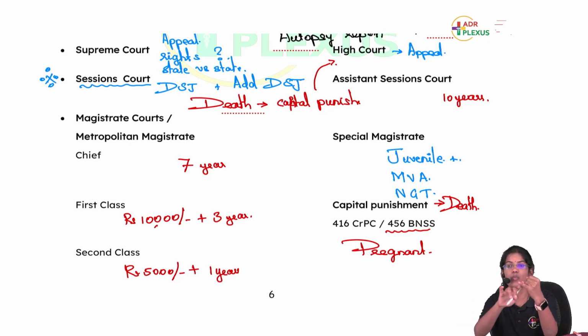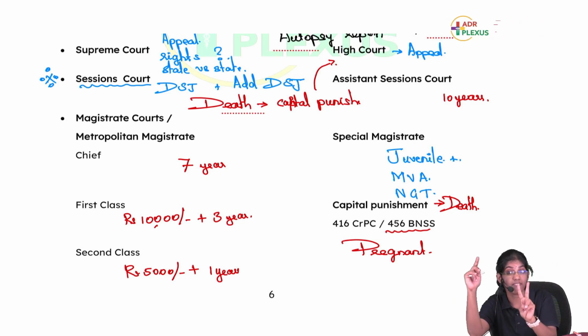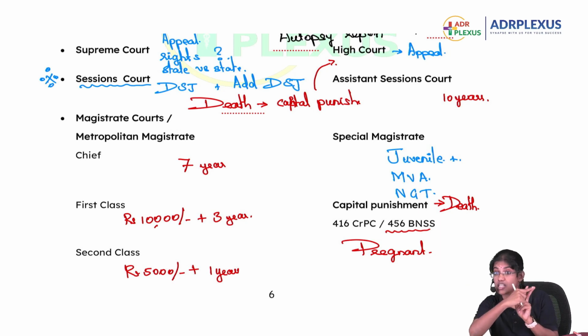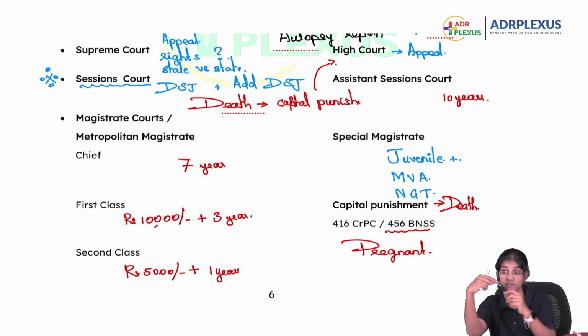Let's go through it. Supreme Court, High Court: unlimited fine, unlimited years of imprisonment, and they can also give the death sentence. Then you have the Sessions Court, with two people, the Sessions Judge and the Additional Sessions Judge. They have the same power. Then you have the Assistant Sessions Judge, who can give only up to 10 years of imprisonment.